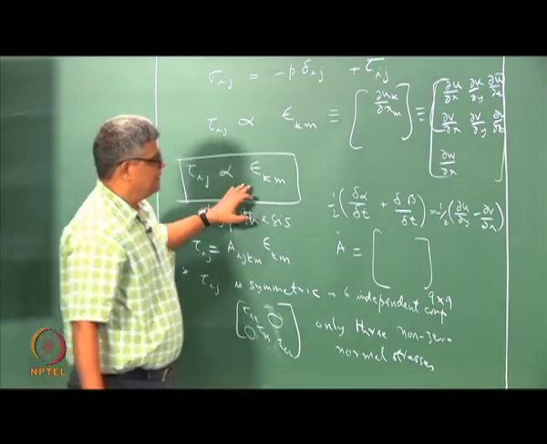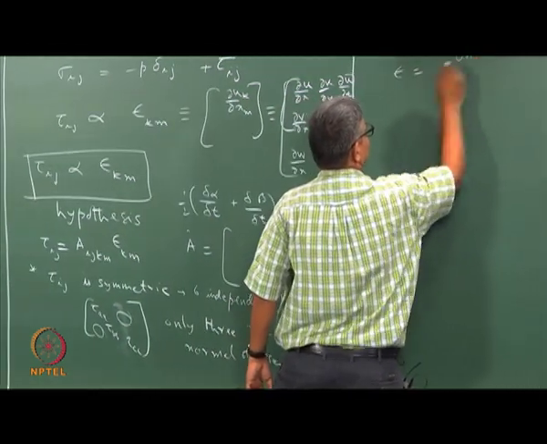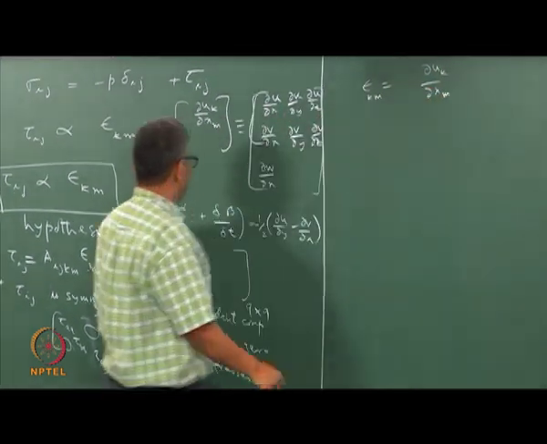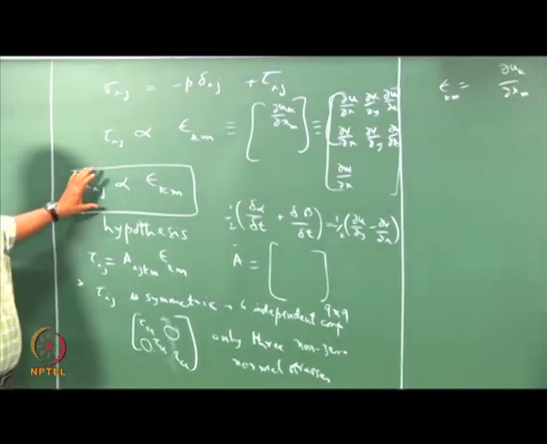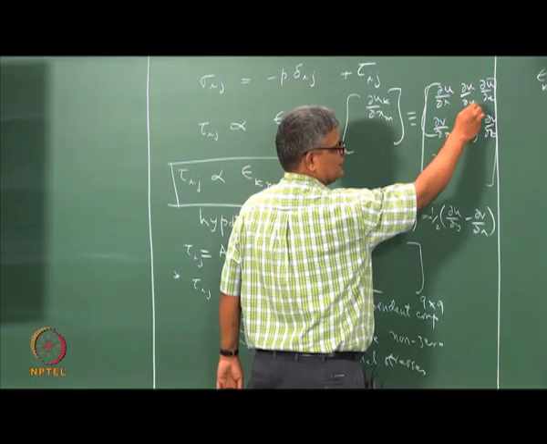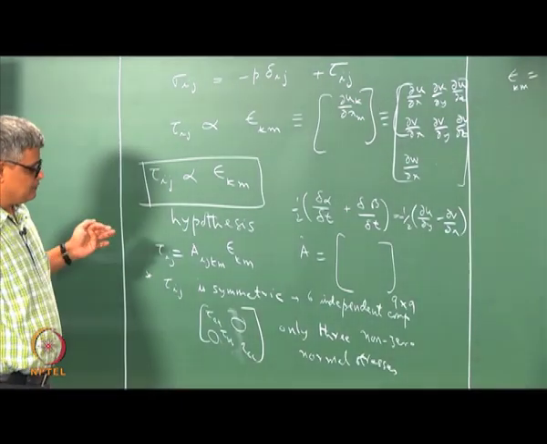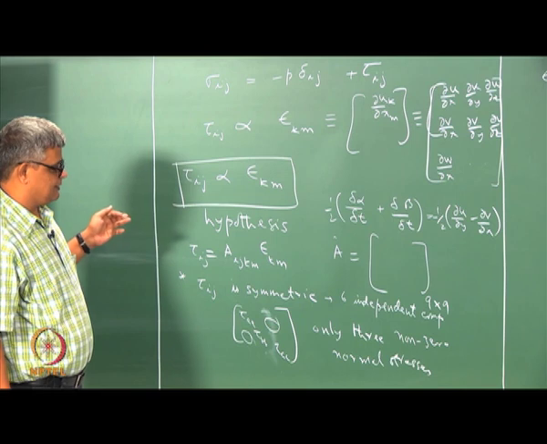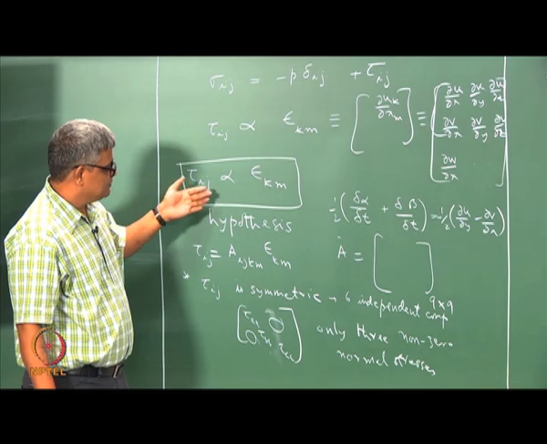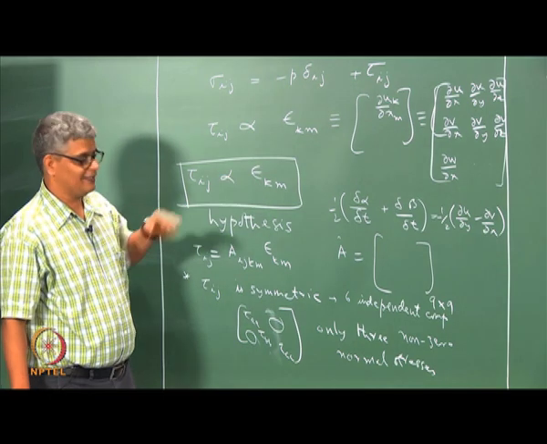And similarly, the epsilon km here is dou u k by dou x m, and in general this is not symmetric because it is not necessary that dou u by dou y is the same as dou v by dou x. But our objective is not to take a relation between this and this, but to seek a linear relation between stress and the deformation rate tensor.